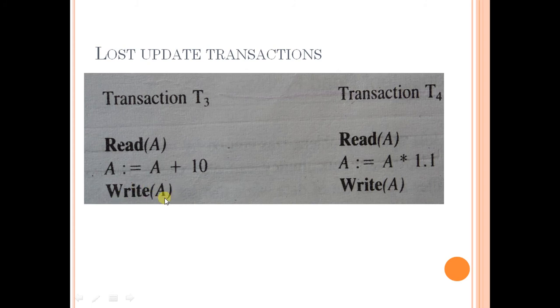After this transaction it will be 210, and when T4 runs, it will read 210, then 210 into 10%, that is 21, and write A as 231. So if T3 executes first and then T4, the answer will be 231. But if T4 executes first and T3 afterward, the answer will be 230. So whatever is the case, this can happen.